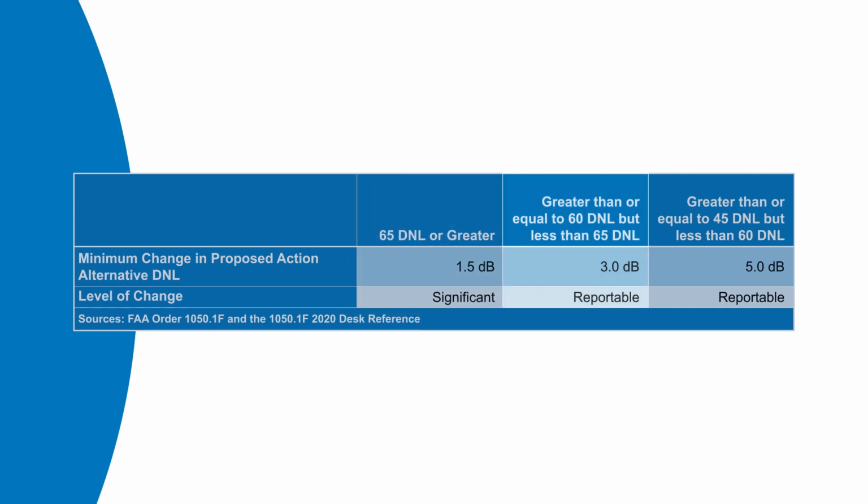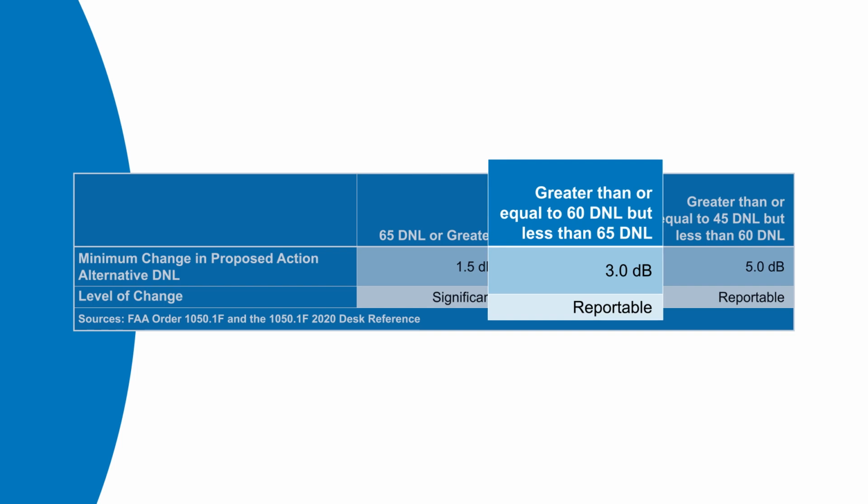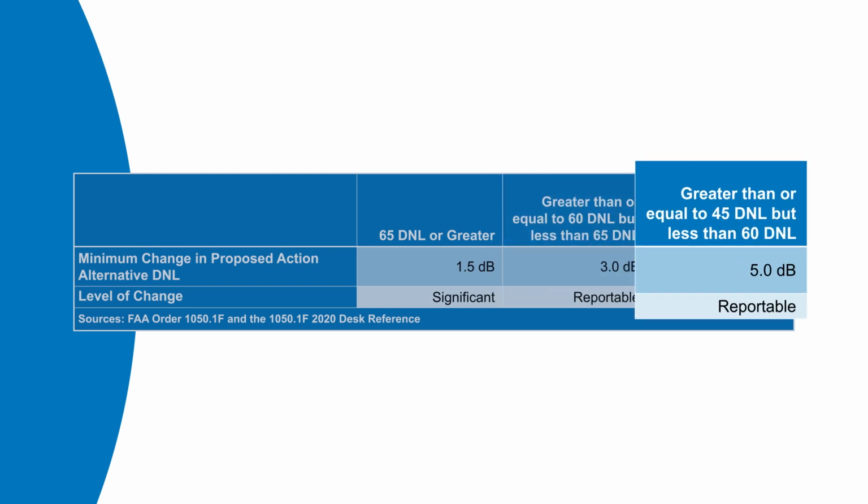It is considered a reportable level of change when there is a minimum change in the DNL of 3 decibels at noise-sensitive sites within a DNL contour greater than or equal to 60 DNL, but less than 65 DNL, or when there is a minimum change in the DNL of 5 decibels at noise-sensitive sites within a DNL contour greater than or equal to 45 DNL, but less than 60 DNL.